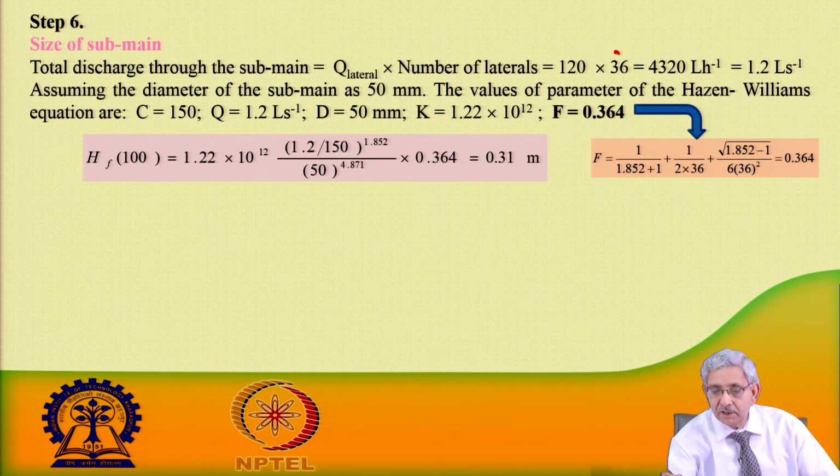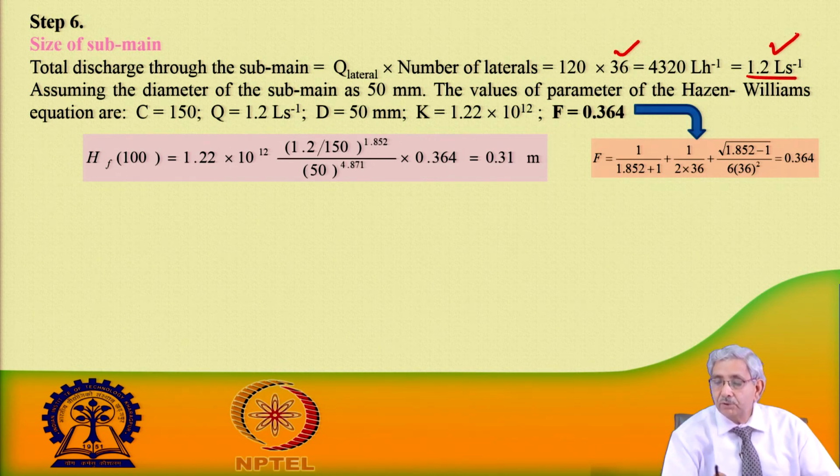There are 36 laterals, and the discharge of each lateral is 120 liter per hour. So, this comes to 4300 liter per hour, which is equal to 1.2 liter per second.